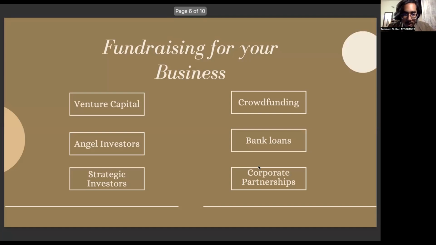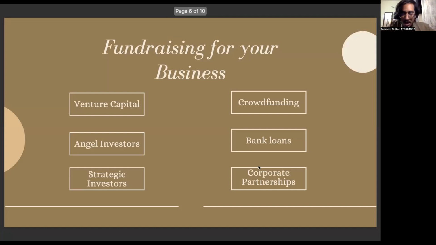The first one is venture capital. Venture capital firms invest basically in early stage companies with high growth potential. These funds typically provide funding in exchange for equity in the company and offer an active role in shaping the company's strategy.